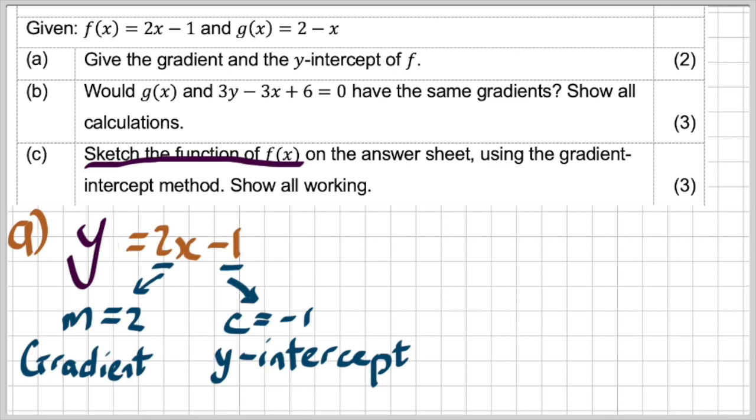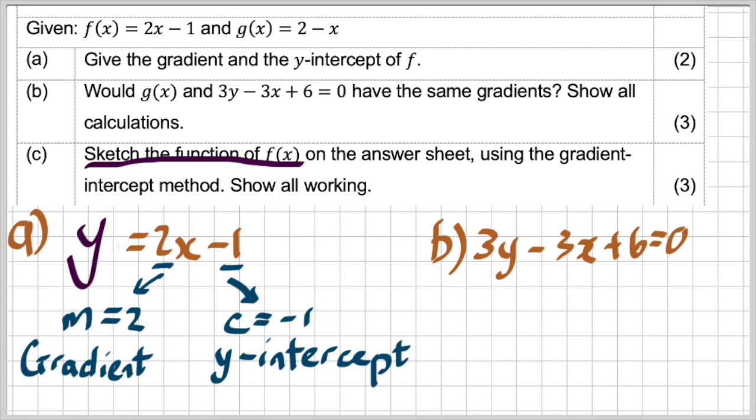So when we look at question B, now they're asking you, would g(x) and that line have the same gradients? Whoa. That's 3y minus 3x plus 6 equal to 0. There's no way I can read off the gradient from that. So therefore, we've got to first write it in standard form. So we've got to get y alone.